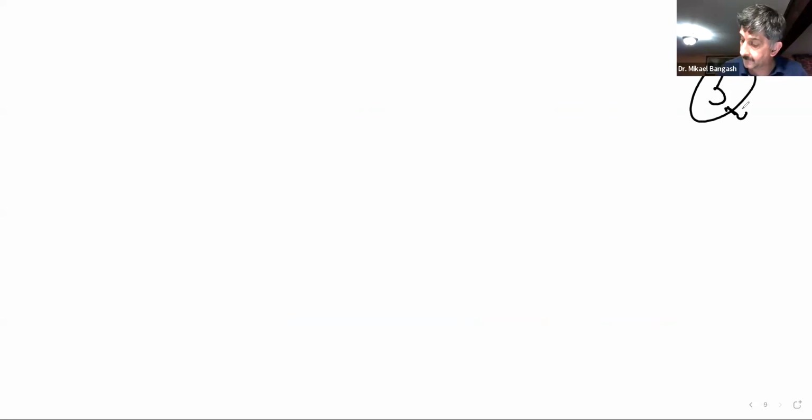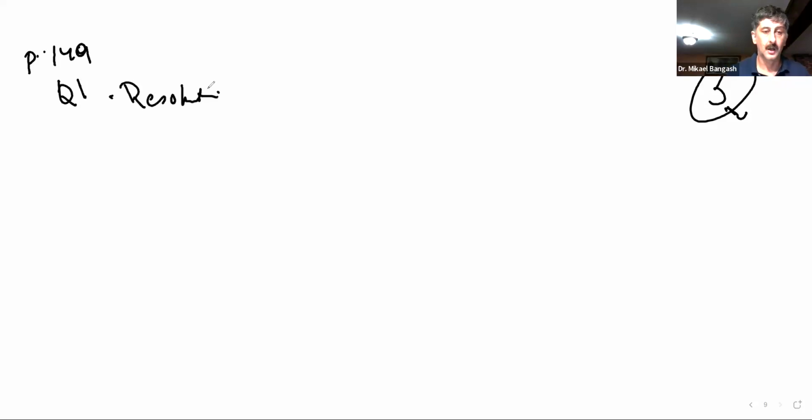Let's see. So the first question, which you find on page 149. Question 1 mainly is: what is the ability to accurately distinguish two structures lying close together? That was what we called resolution.